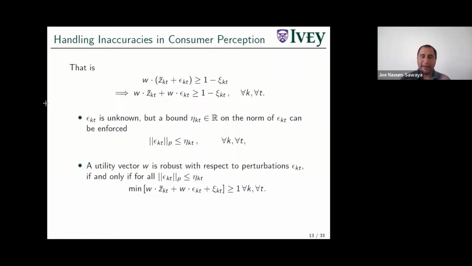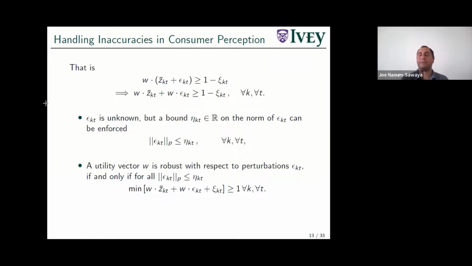Now I'm trying to find a utility vector W such that I'm making this choice that is 1 over k, but I want this error to be as minimal as possible, or this error, when I multiply it by the weight of the utility.